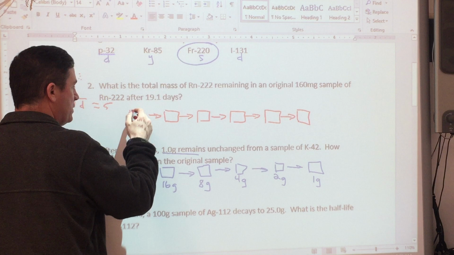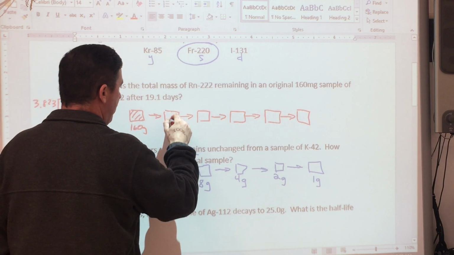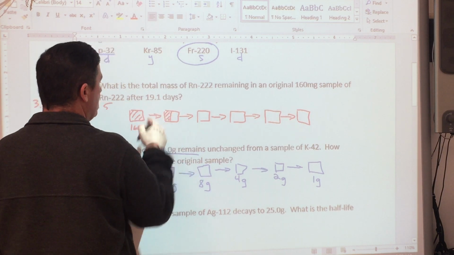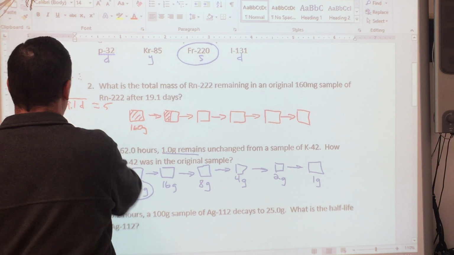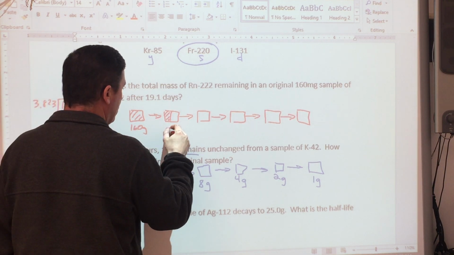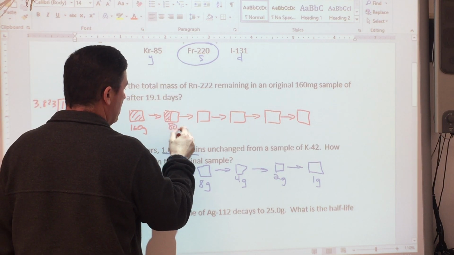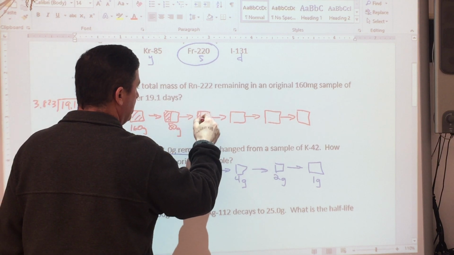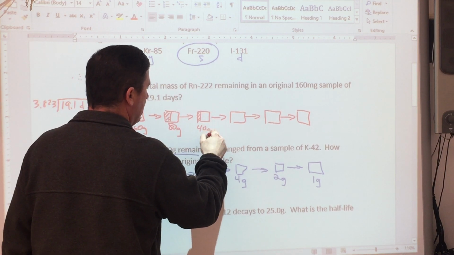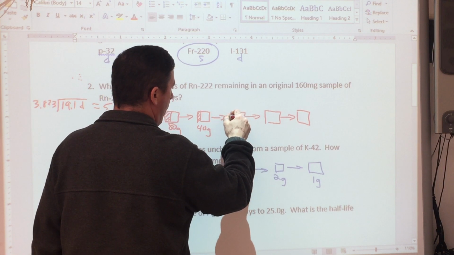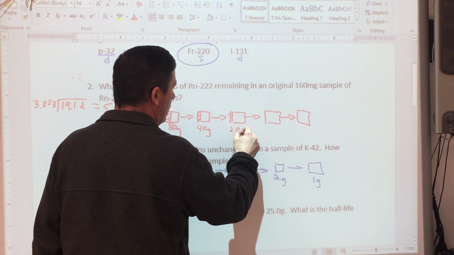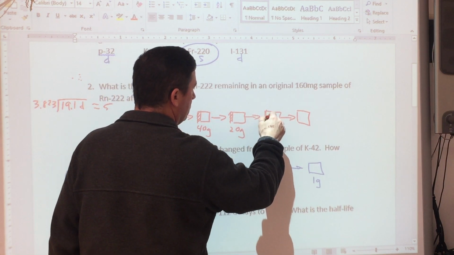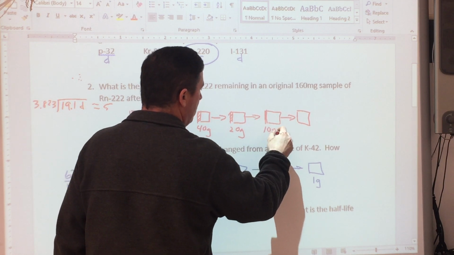I start with 160. Half of that in 3.823 days. So 160 goes to 80. 80 goes to 40. 40 goes to 20. 20 goes to 10.